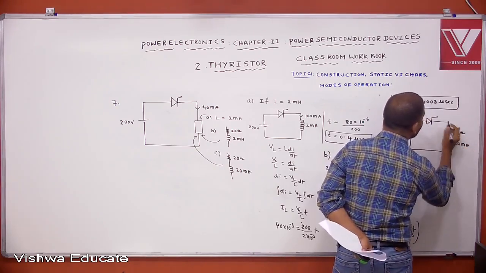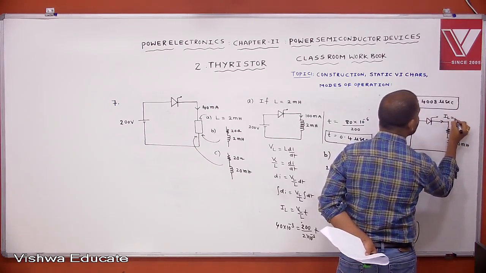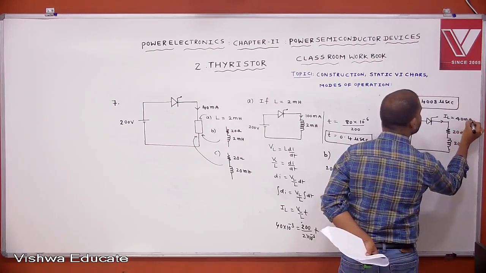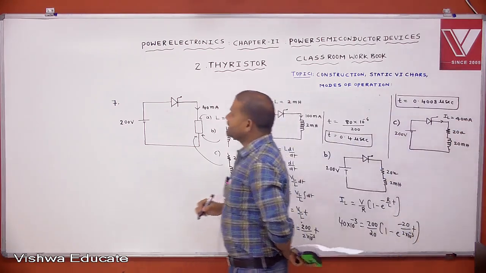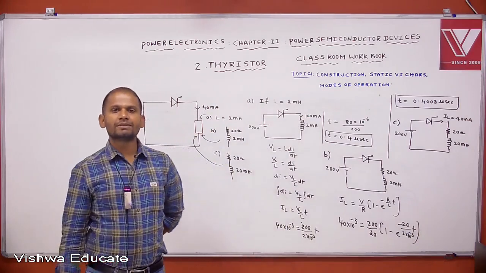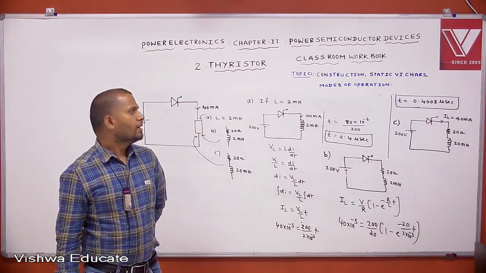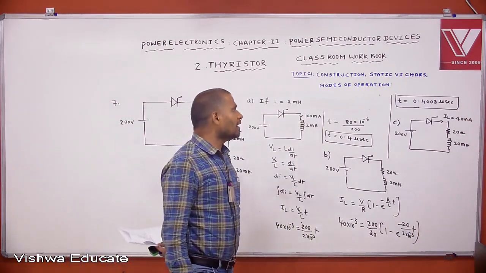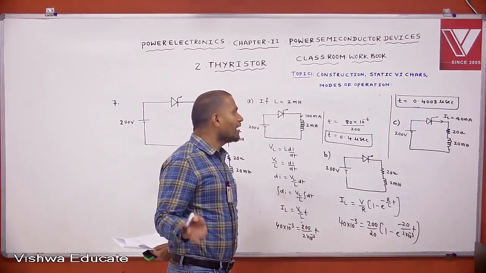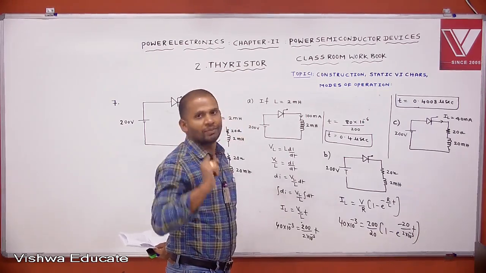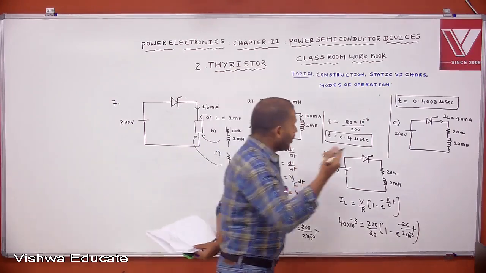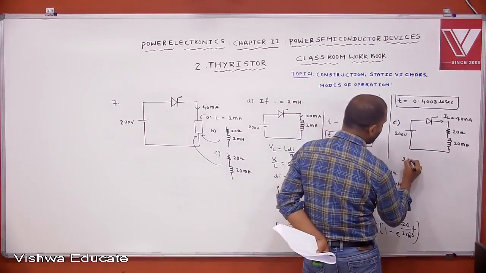For the same latching current of 40 milliampere, if you increase the inductance to 20 millihenry, what formula can you write?